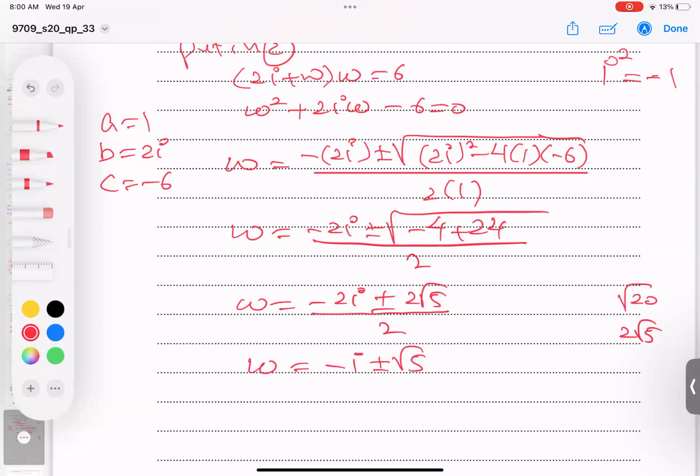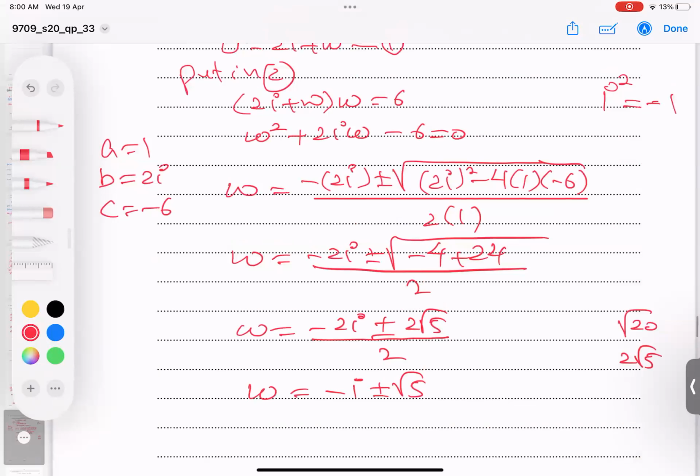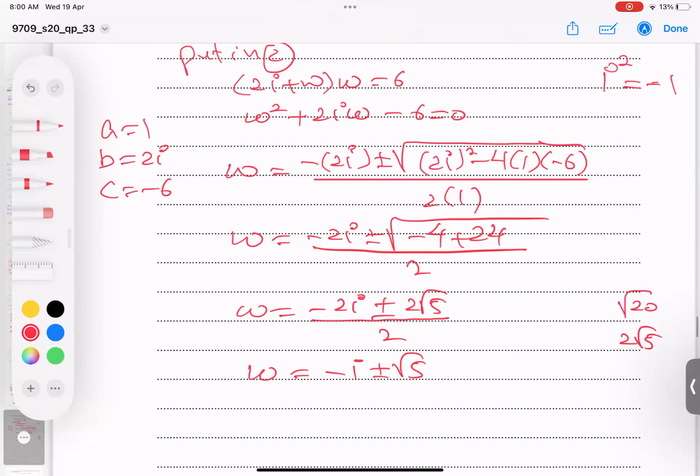I got W. Just a minute, let me recheck. Iota is negative, yes, and root 5 is positive. Okay, this is correct.